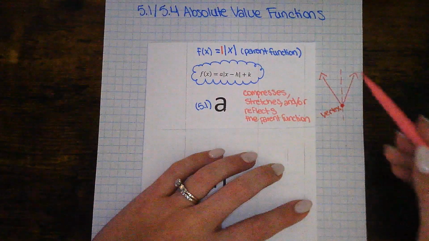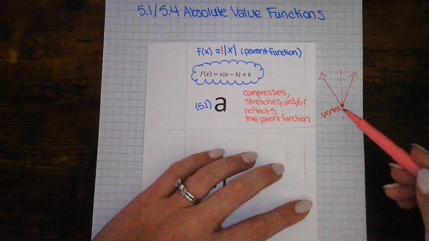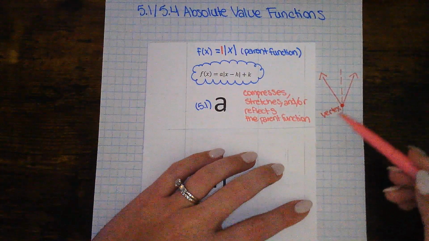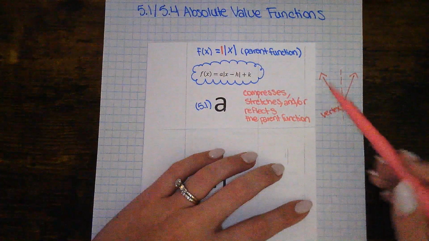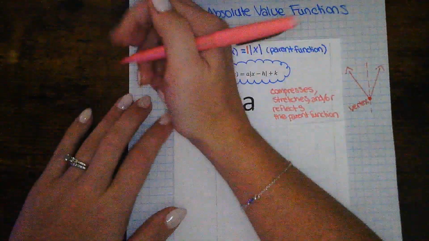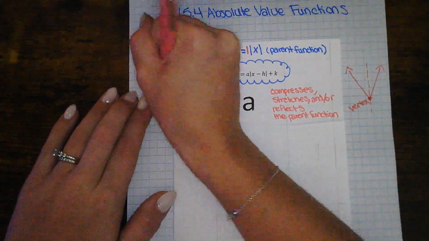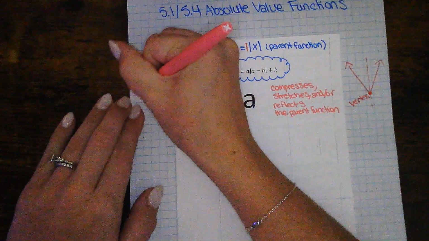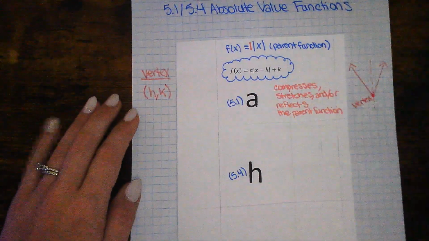But the V shape could also be upside down, in which case the vertex would be the highest point. So it's the minimum or the maximum of the function. The vertex is always h, k. So let's write that over here. The vertex in an absolute value function is always h, k.